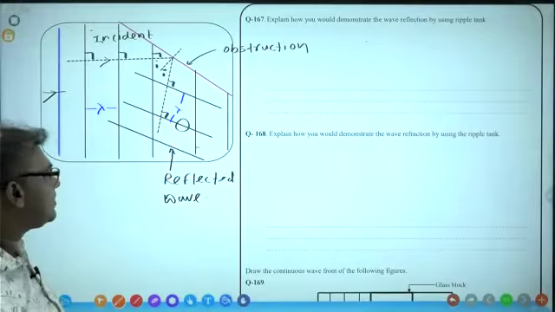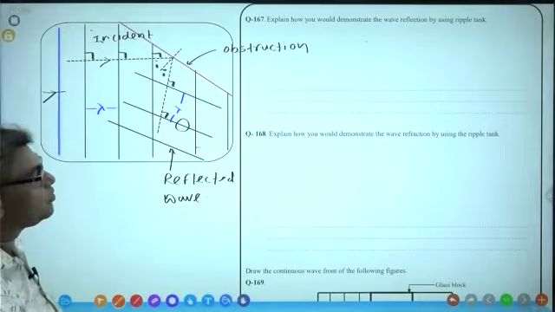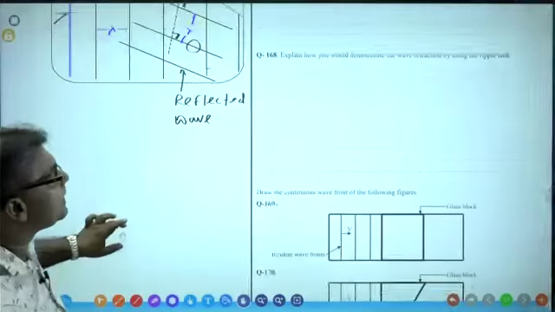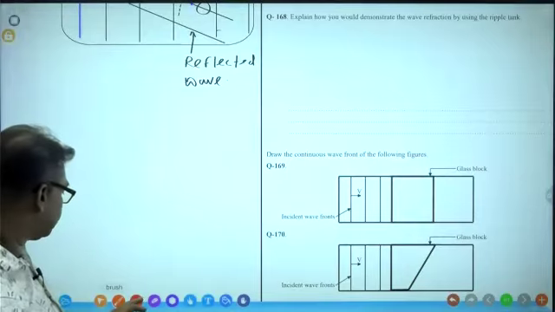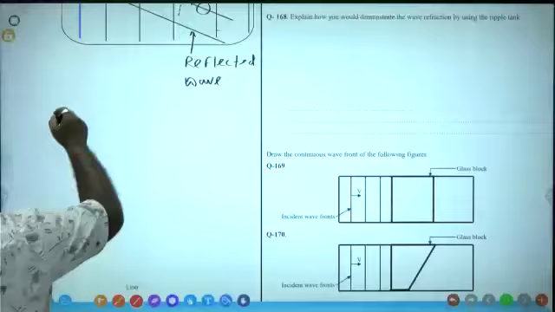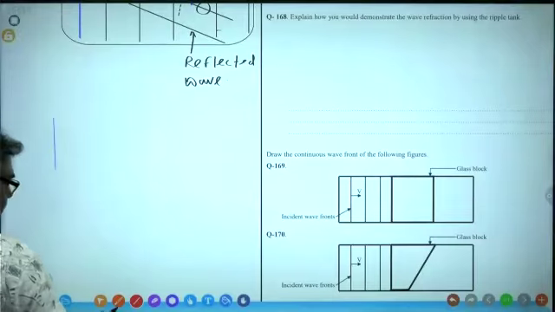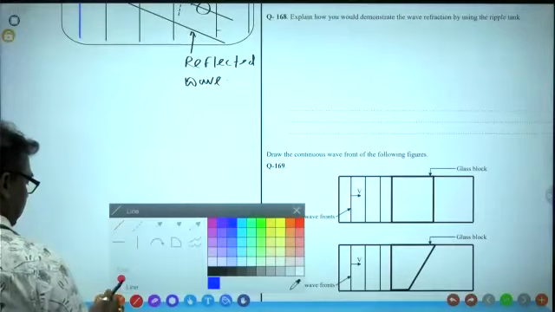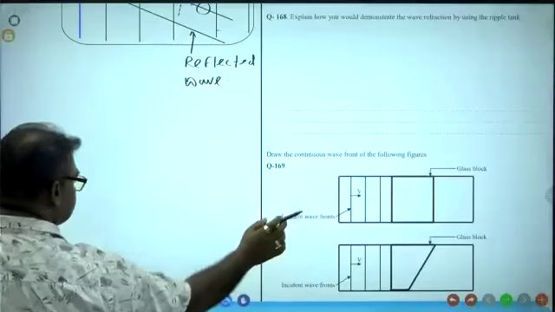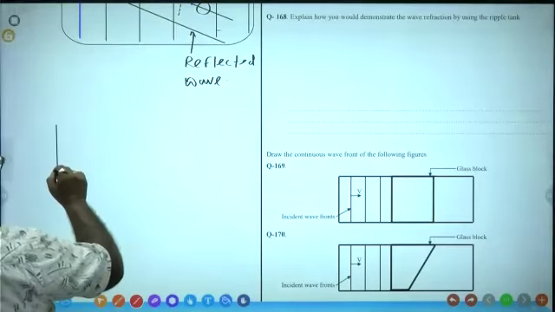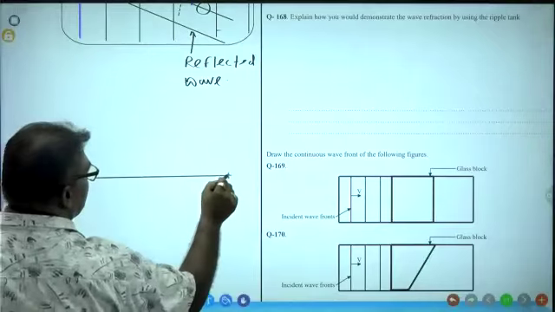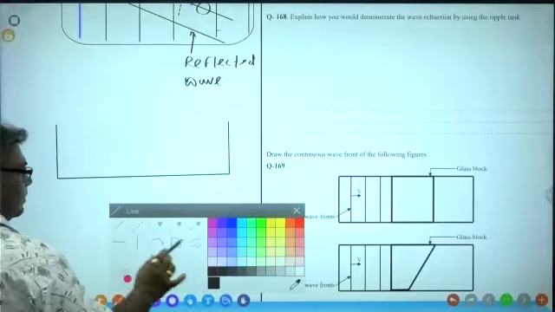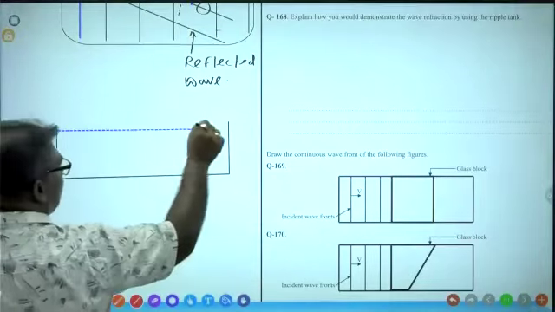Okay, question 168. Explain how you would demonstrate wave refraction by using the ripple tank. First of all, you should know this one. If this is the ripple tank, here we have the water surface.